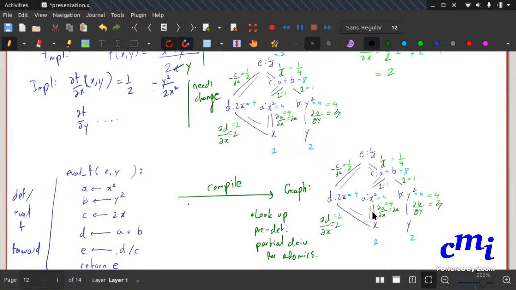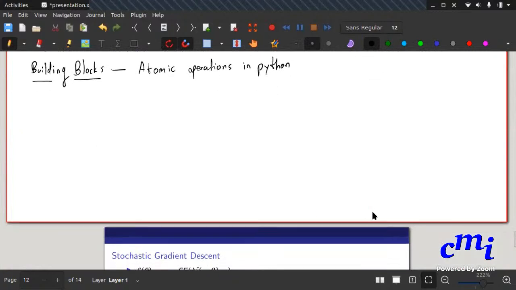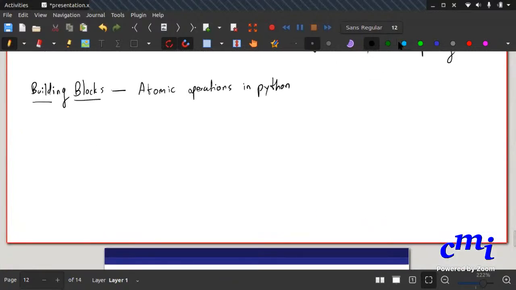Suppose I have the function x plus x, and the other function is just 2x. While constructing the graph, how will x plus x and 2x look? 2x will be just one node, where 2 is multiplied with x. But how will x plus x be constructed? It'll look like two different graphs.